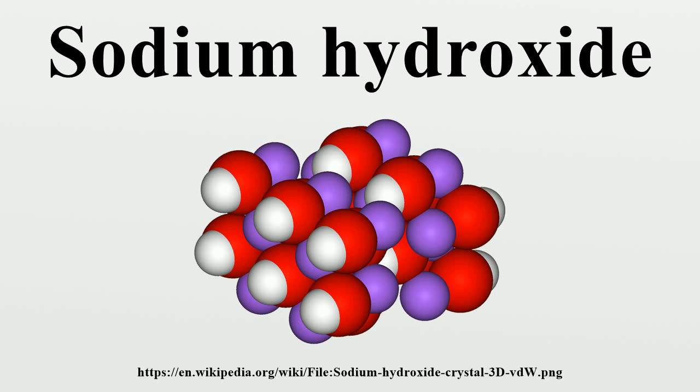Tissue digestion. In a similar fashion, sodium hydroxide is used to digest tissues, as in a process that was used with farm animals at one time. This process involved placing a carcass into a sealed chamber, then adding a mixture of sodium hydroxide and water.